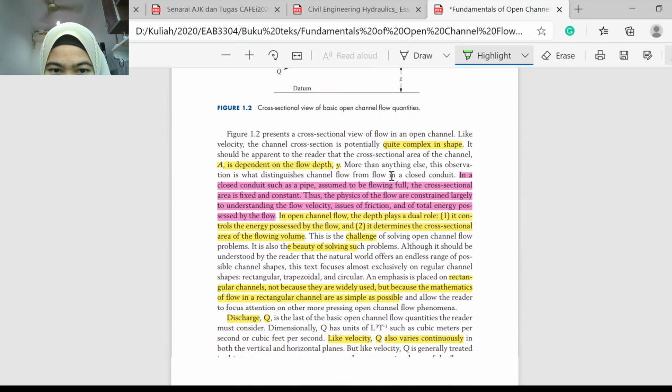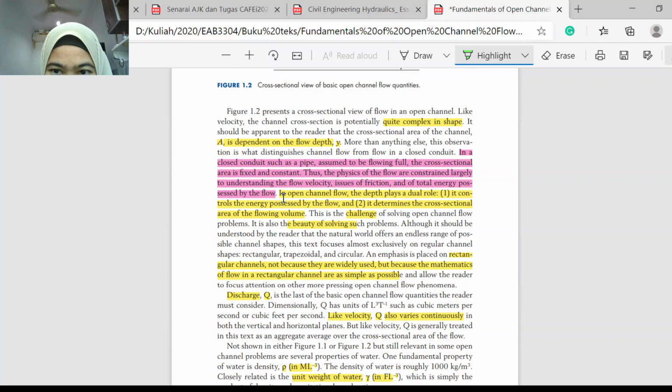Okay, let's read here in the pink color. In a closed conduit such as a pipe, assumed to be flowing full, like I said just now, the cross-sectional area is fixed and constant. Thus, the physics of the flow are constrained largely to understanding the flow velocity, issues of friction, and the total energy possessed by the flow.